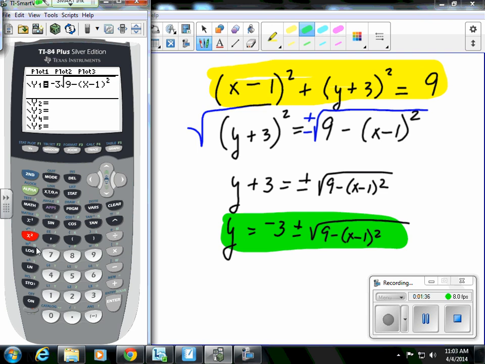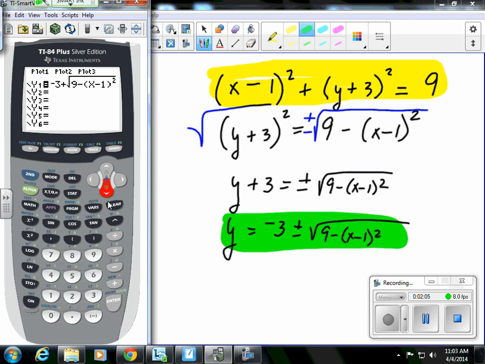Now, if I only graph one part of that, and I see I've forgotten my plus out at the front of the radical, so I'm going to cursor and second insert, and I'm going to add a plus sign. So now I have my function correctly. I've got -3 plus the square root of 9 minus (x minus 1) squared.